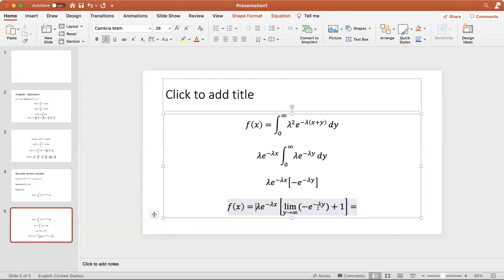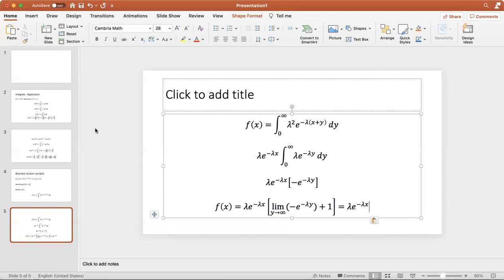So if we let y approach infinity, the denominator will increase without bound, and therefore the entire term becomes 0. So then the marginal density function of x, from the joint PDF, is equal to lambda e raised to negative lambda x.